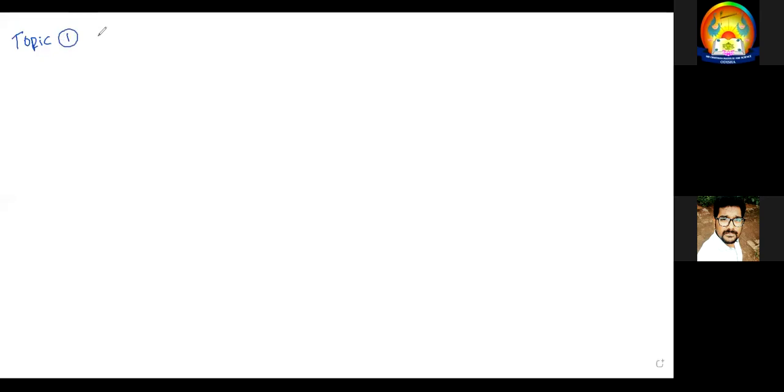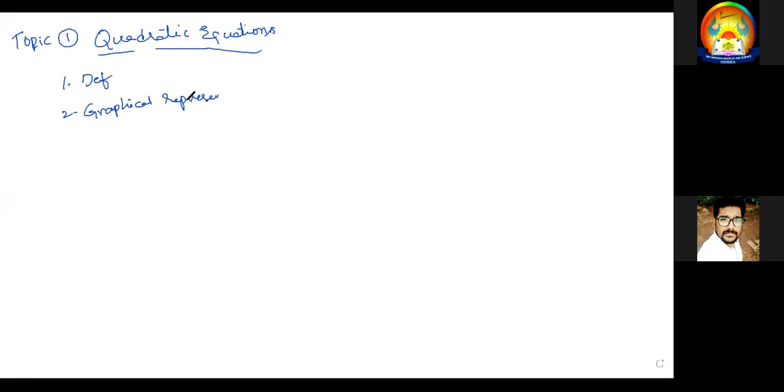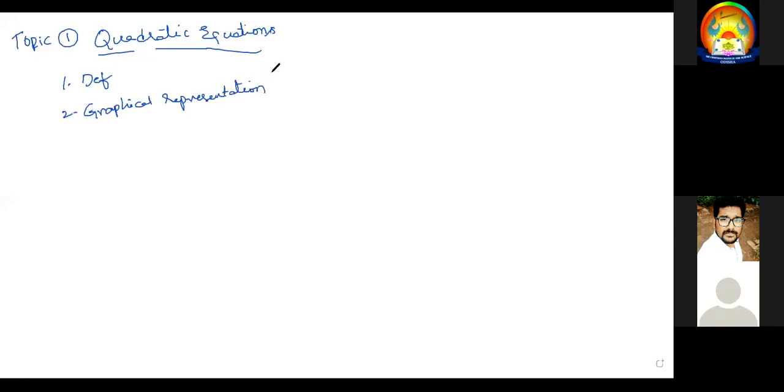Number one, quadratic equations. So in the last class, two things we studied. One is the definition of a quadratic equation. And the second one, graphical representation of a quadratic equation.